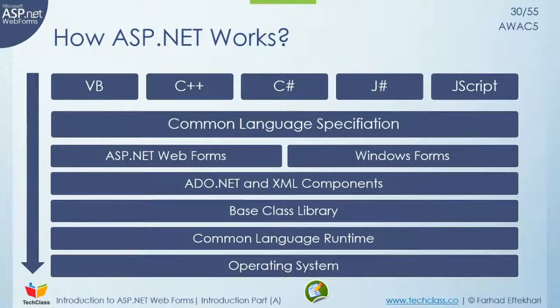Then based on the type of project we have, whether it's ASP.NET Web Forms or Windows Forms, and whether we are using components of ADO.NET or XML or whatever libraries, it is finally sent to the common language runtime to be executed and compiled. And then finally, the operating system will be able to run the project files if we already installed the .NET Framework on that Windows operating system.